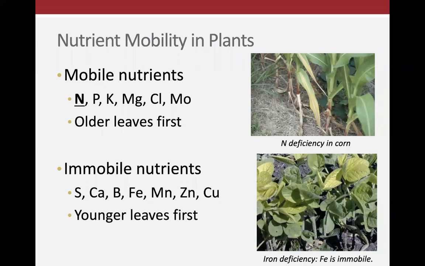And so mobile nutrients include nitrogen, phosphorus, potassium, magnesium, chloride, and molybdenum. So what does that mean? It means that when we see visual deficiency symptoms of these nutrients, it typically is going to manifest in older leaves first. If corn, or whatever the plant is, is growing, the older leaves have enough access and have fully developed.